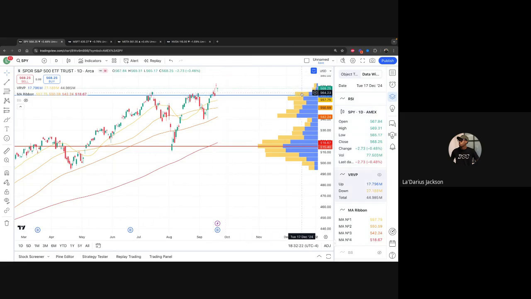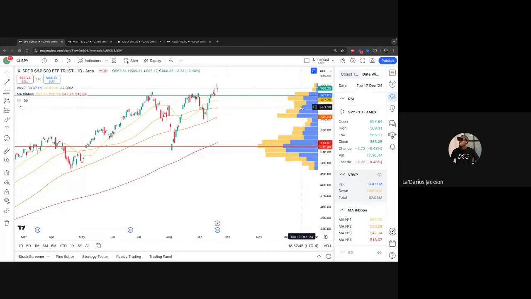It makes sense when you look at the VRVP, because there's a lot of sales right around that 560 line. If I hover over, you can see right now we have 27 million down, that's 27 million selling volume, versus 17 million up, which is of course buy volume. So there's more sales than buys at that price level.